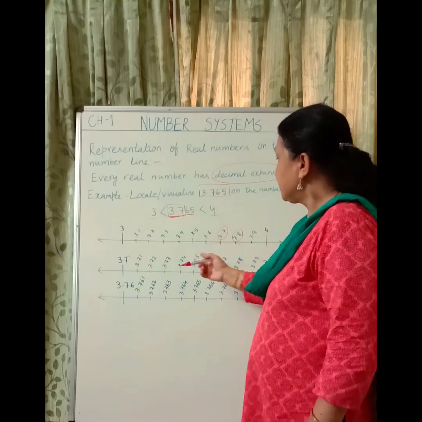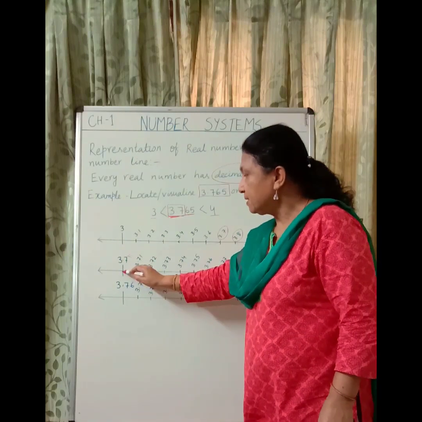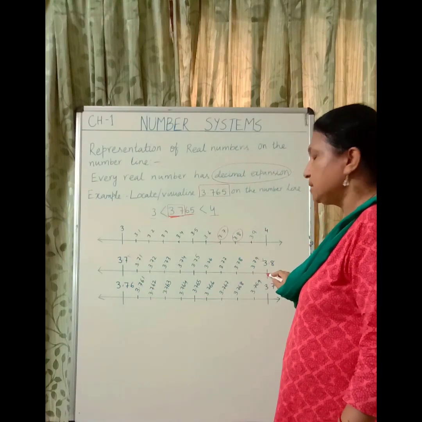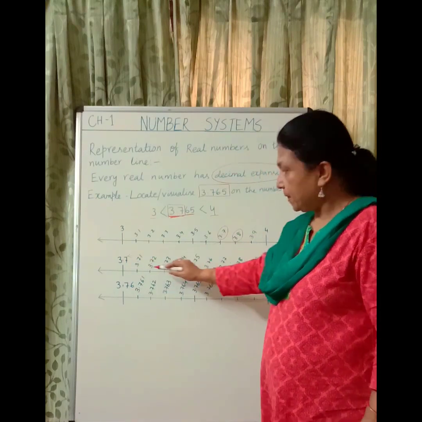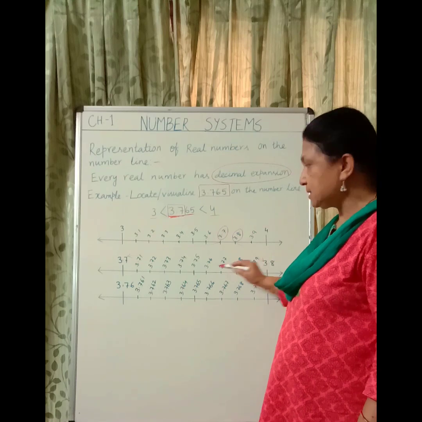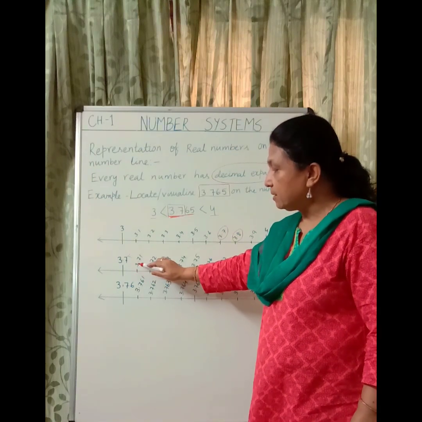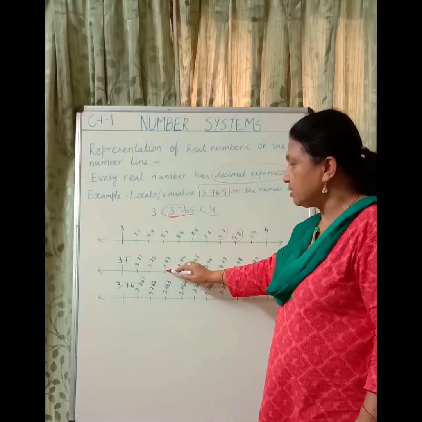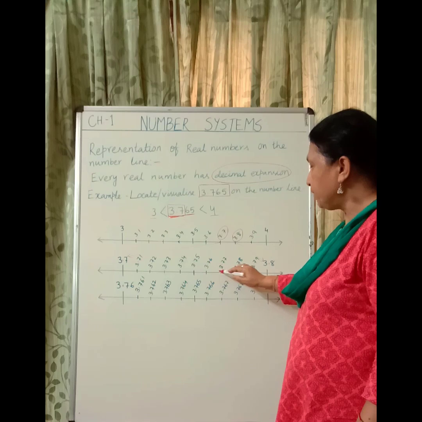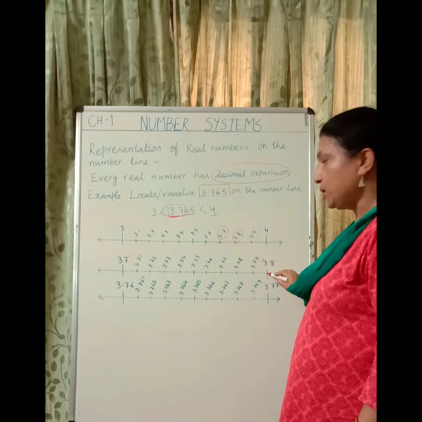And the same way we have divided the number line into 10 equal parts, starting with 3.71, 3.72, 3.73 and so on. We have here 3.79 and last 3.8.